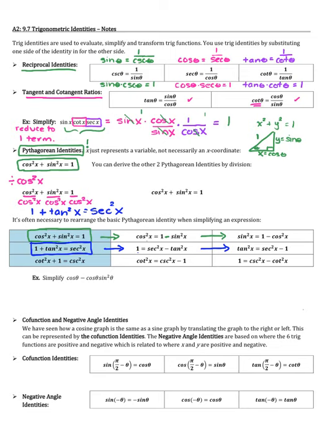Then this next one, since the last one I divided by cosine squared, now I'm going to divide everything by sine squared. So going through every single term, we divide by sine squared, sine squared, sine squared, and the result is going to be cosine over sine.